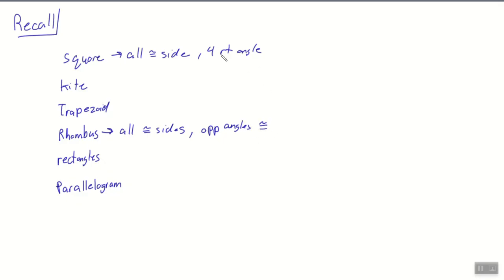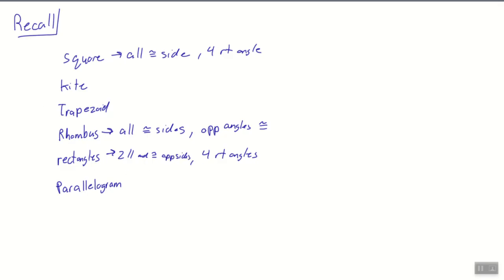Okay, what other shape has 4 right angles? Yes, rectangle. So we have 4 right angles. What about its sides, Klein? Yeah. 2 parallel and congruent opposite sides.